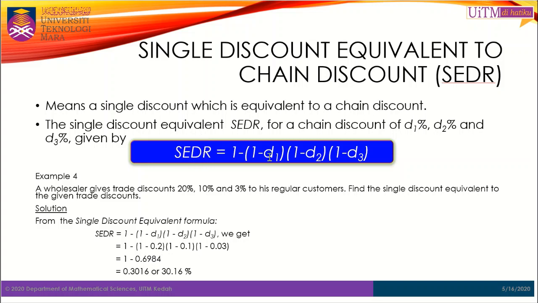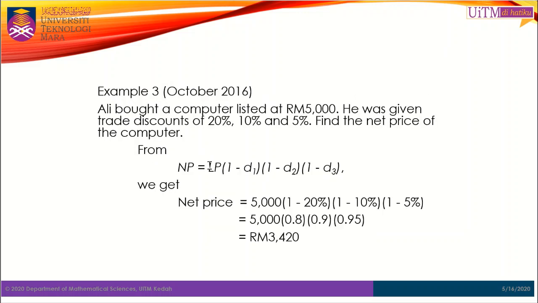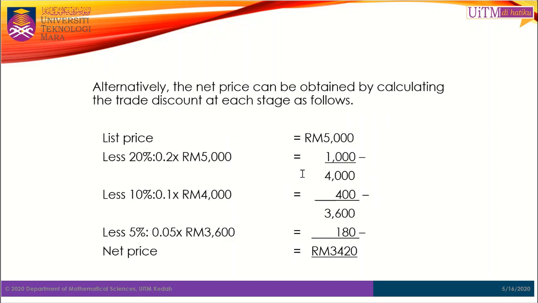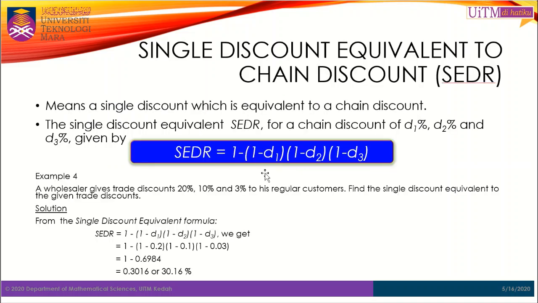SEDR is simply converting the three trade discount rates, the chain discount, into a single discount rate. Once you have the single discount rate, instead of using the previous formula NP = LP(1 minus D1)(1 minus D2)(1 minus D3), you can replace the three factors with only a single one, that is 1 minus SEDR.